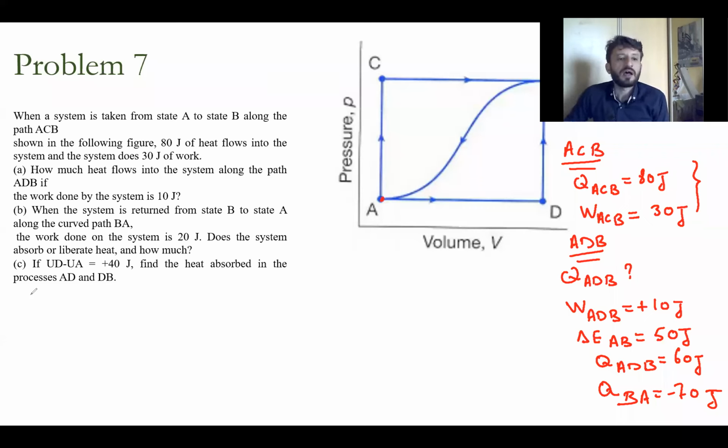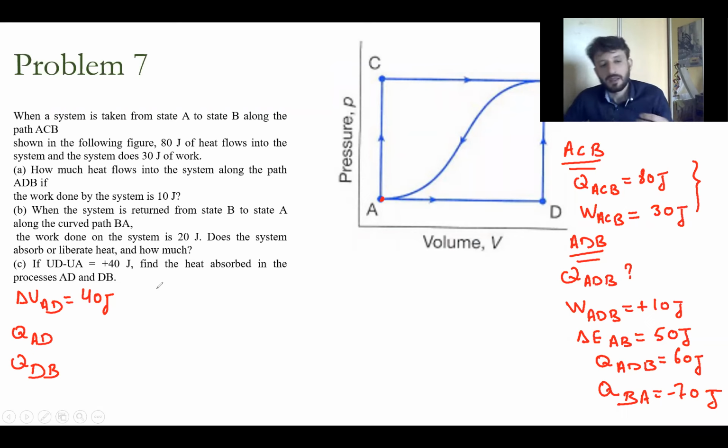Part C, I give you U D minus U A, or you can say delta U AD, equals 40 joule. I want to find Q AD and Q DB. As we have delta U AD, we have to work with this path ADB.